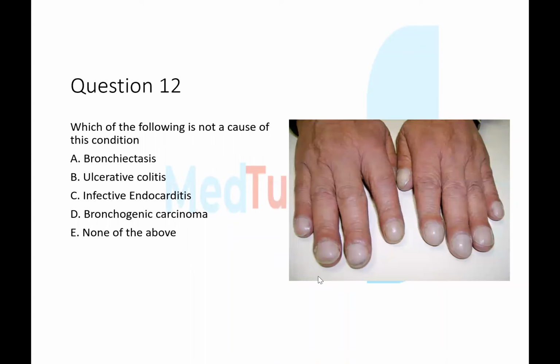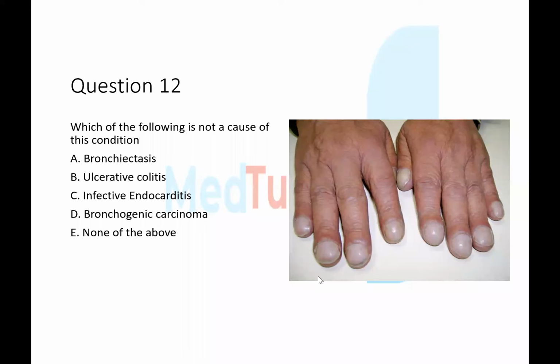Next slide, sir. Yes, this is the next slide. Okay. So now, somebody said finger clubbing the other time. So this is now it. You can see here that there is a bulbous swelling of the nail bed, unlike that other one, where you had a spoon-shaped nail.